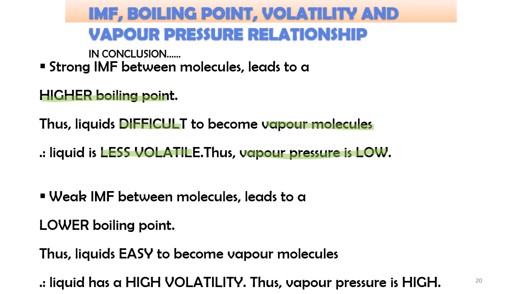But weak intermolecular forces will lead to a lower boiling point and the liquid will be easy to become vapor molecules. Therefore, we say that the liquid will have higher volatility and it will result in higher vapor pressure.